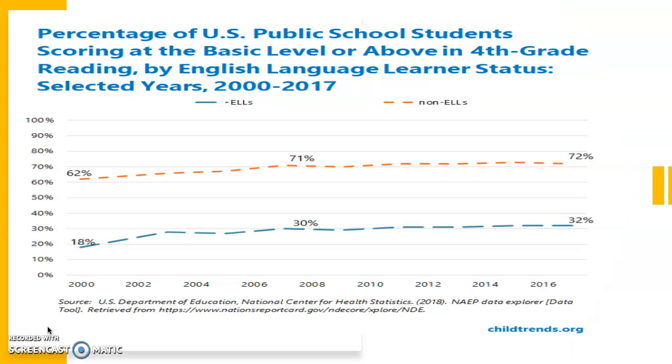The data here presented by the US Department of Education National Center of Health Statistics shows how non-English learners are pacing among English language learner students in scoring the basic level or above 4th grade reading between the years of 2000 and 2017.